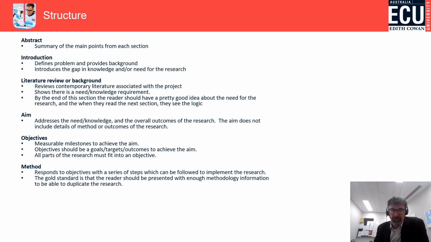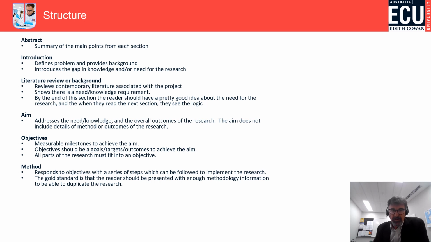Your literature review may continue that discussion and that justification with a review of what's recently happened in that field, or a review of the seminal papers, that's the most important papers in that discipline. And again, it justifies the need for the research.